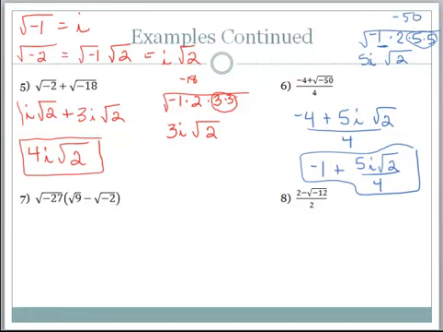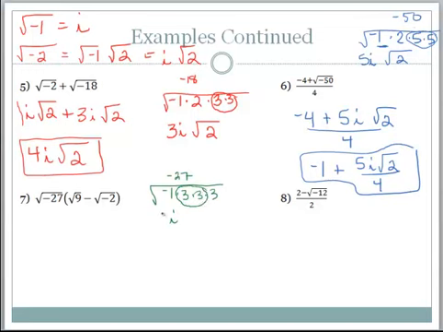What if you're trying to multiply, like on number 7? We need to distribute this one. Well, you need to break them down as much as you can first. So we have the 27 and it's negative. 27 would be negative 1 times 3 times 3 times 3, right? That's a square root. So the square root of negative 1 is i.